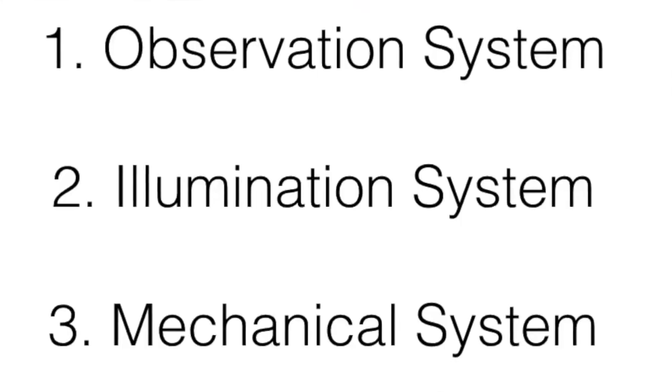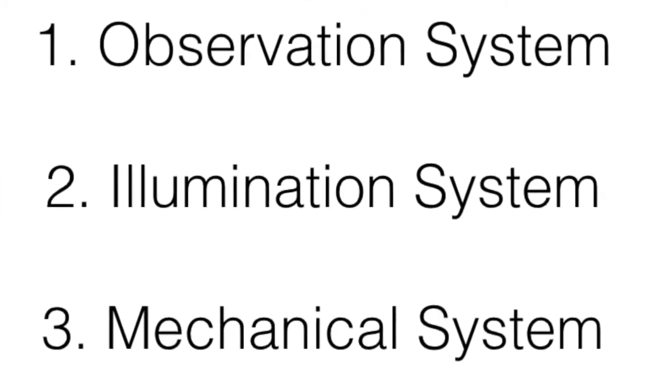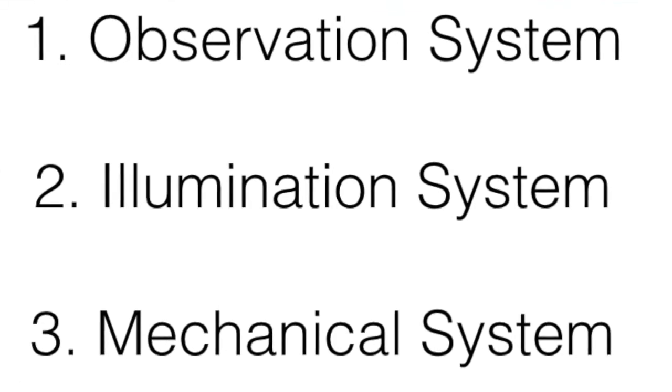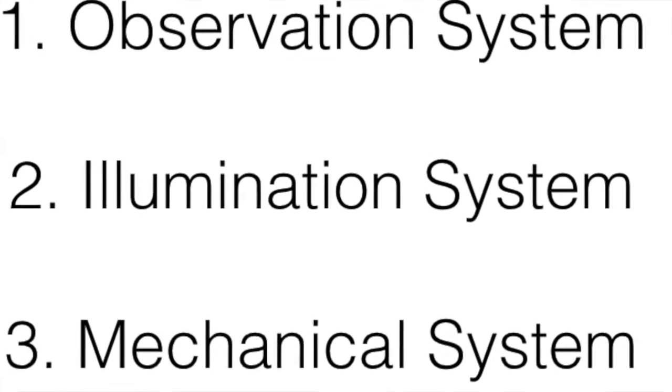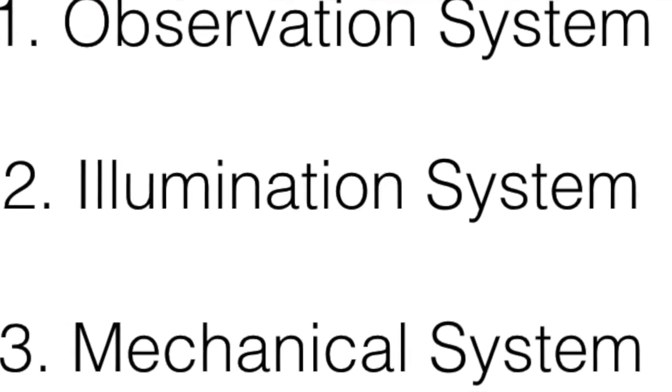In this video, we are discussing the parts and functions of the different parts of slit lamp biomicroscope. The parts have been categorized into three systems. The first system is the observation system, and the next are the illumination system and mechanical system. One by one we shall see the parts and their functions in my slit lamp biomicroscope.